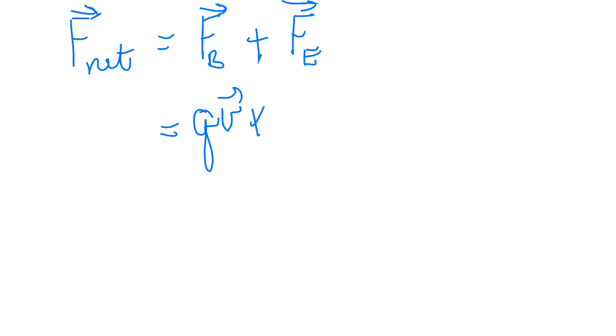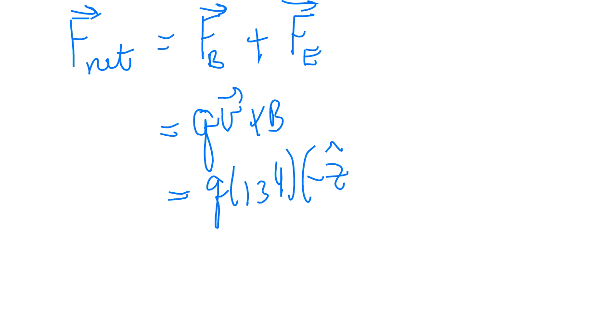F net is equal to FB plus FE as vectors. Now this FB, we just calculated it, is equal to Q V cross B, which is equal to Q times 13.4, and it is along the minus Z hat direction.